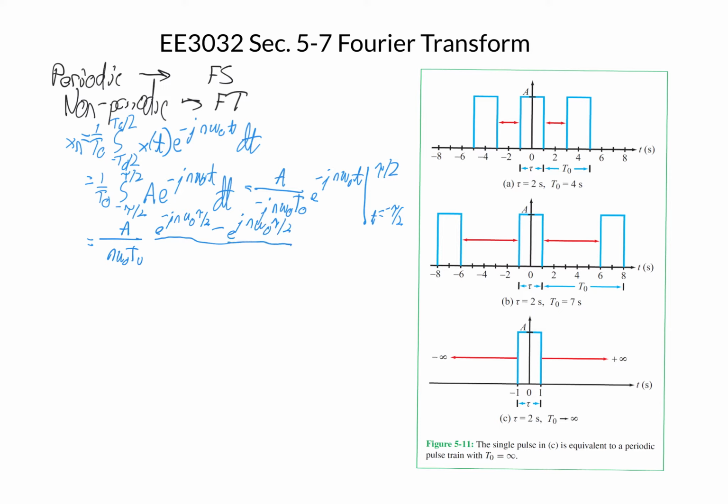And that expression comes from Euler's formula's expression for the sine wave. And if I put that over 2j, then I have the expression for a sine.